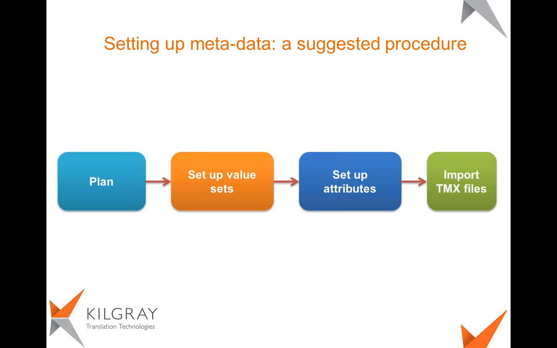You might have to look at your translation memories. And you need to find out what metadata values you will be using, and you might need to set up what sorts of attributes you want to add to your translation units. Let me give you an example here.